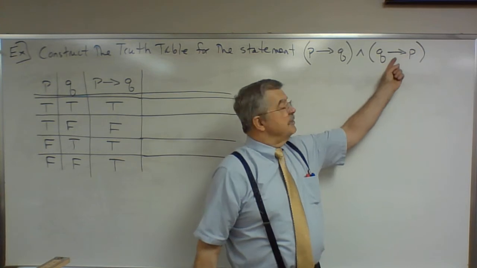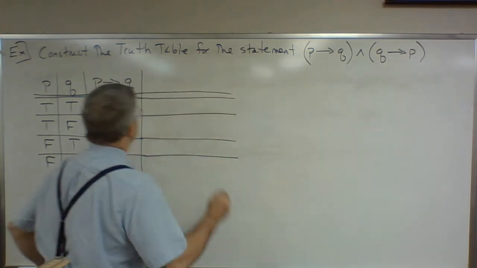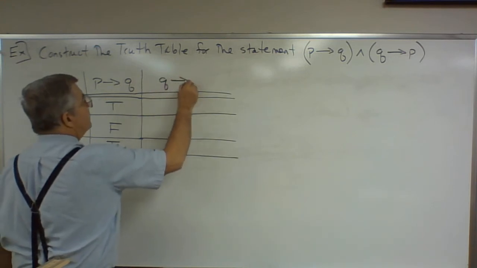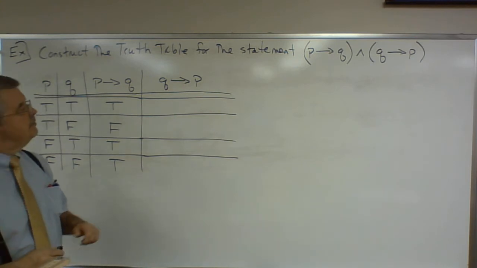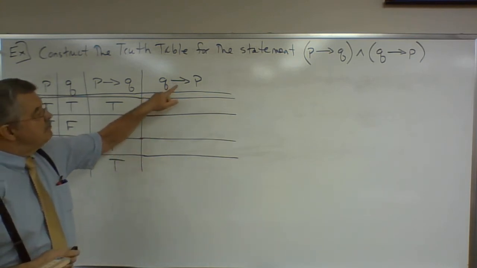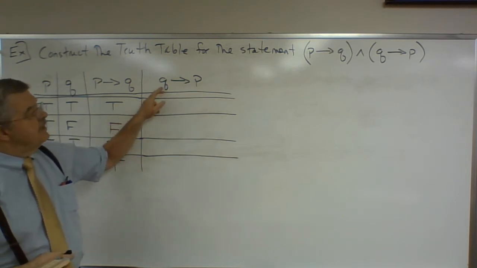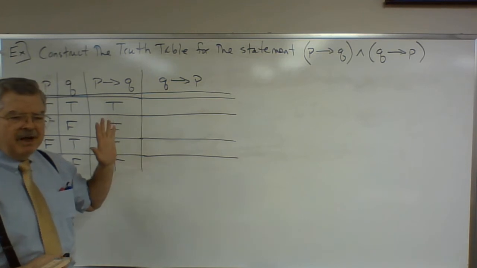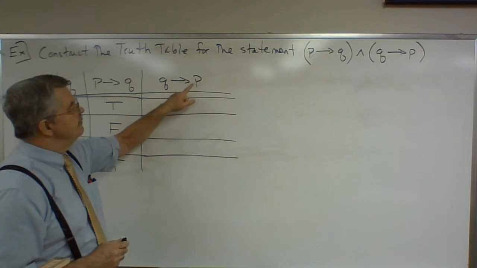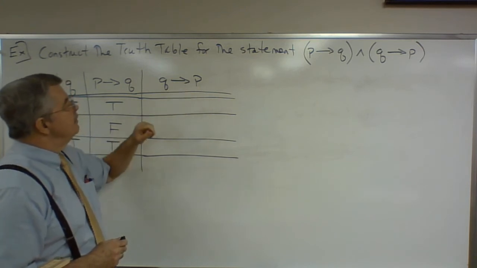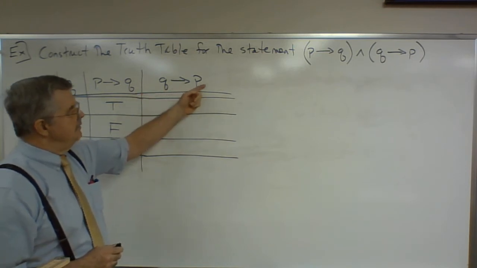Now we also have to come up with the truth values for Q implies P. This again is a conditional statement. And the special case is going to be when we have false implies true. In other words, when we have Q false, and no, I beg your pardon, I'm way off base. The special case is true implies false is false. So we're looking for the case when we have Q true and P false.